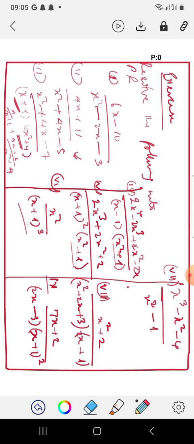How many factors are we going to have here? We're going to have x plus 1 as a factor, x plus 1 squared as a factor, and x plus 1 cubed as a factor, so we have a, b, and c on top of them. This one can be factorized, the difference of two squares. This one, you check it. Then this one has a repeated denominator.